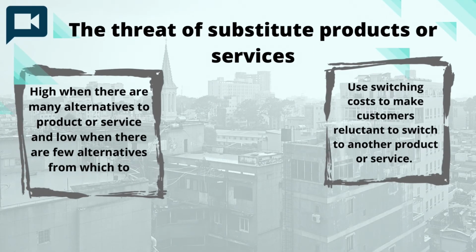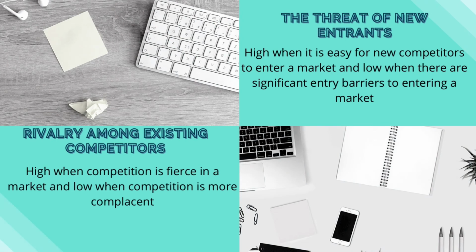Next, threat of substitute product or service will be high when there are many alternatives to a product or service and low when there are few alternatives from which to choose. Moreover, threat of new entrants will be high when it is easy for new competitors to enter a market and low when there are significant entry barriers for entering a market.